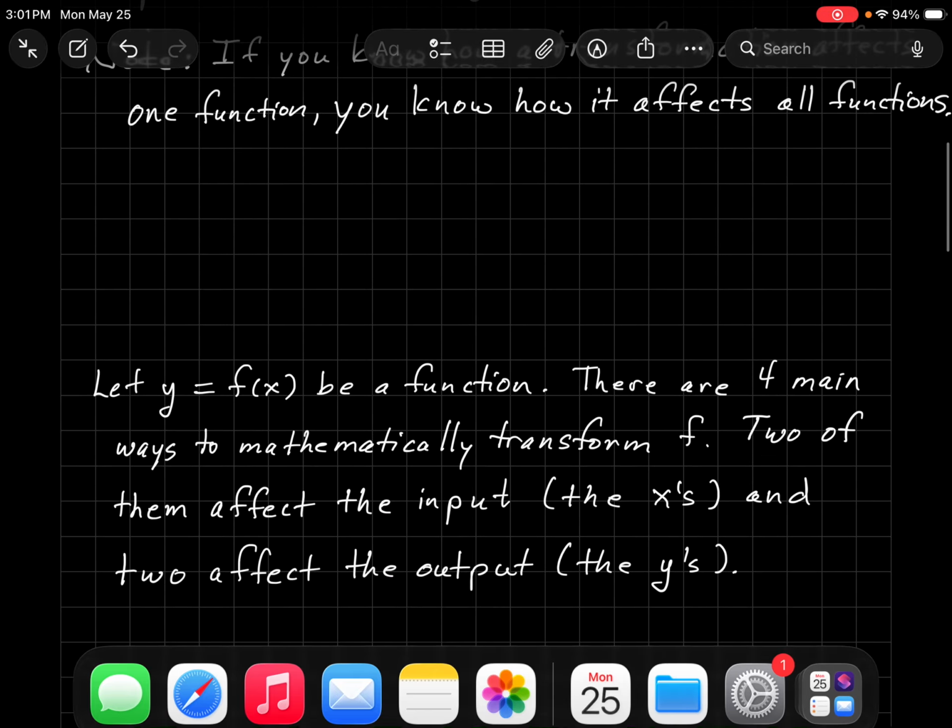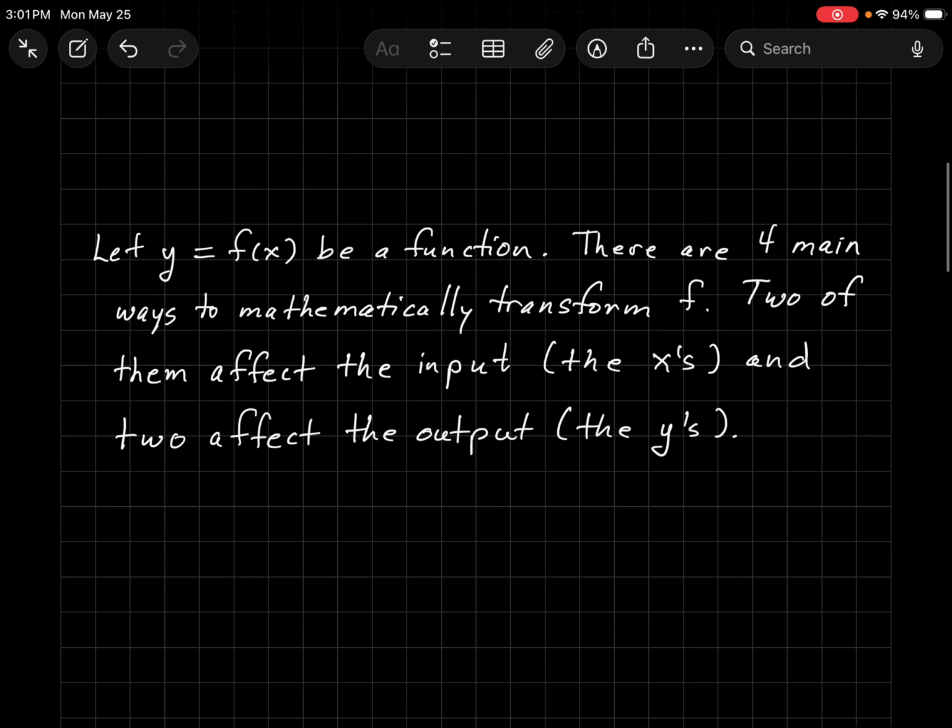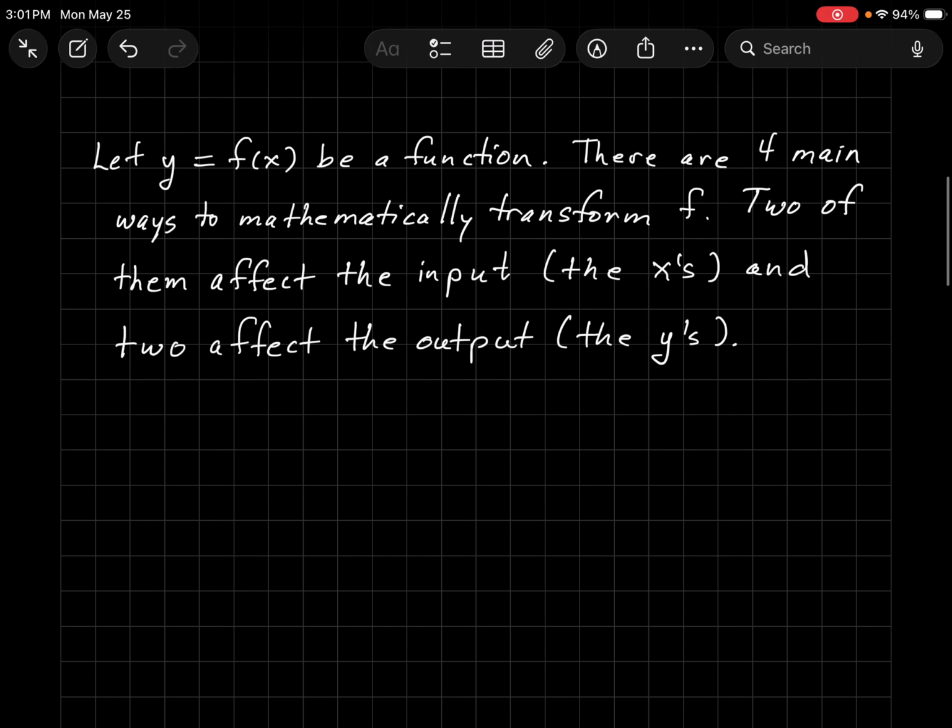So let's suppose that y equals f of x is a function. There are four main ways to mathematically transform f. Two of them will affect the input, or the x's, and two will affect the output, or the y's.